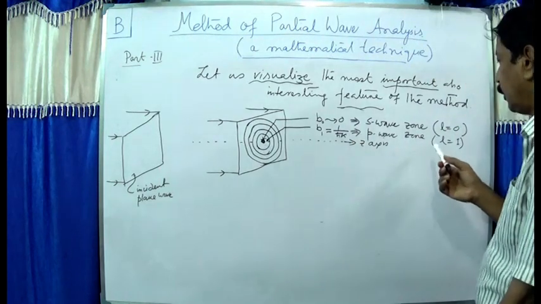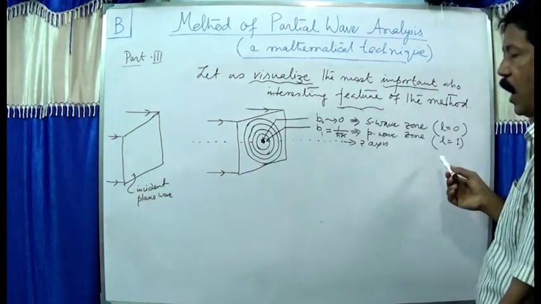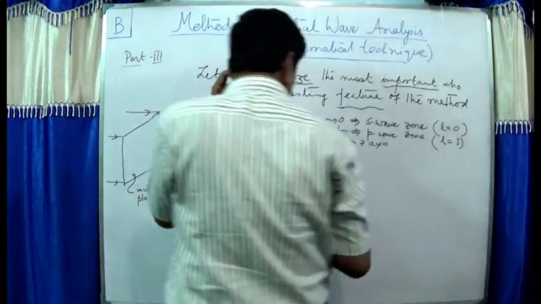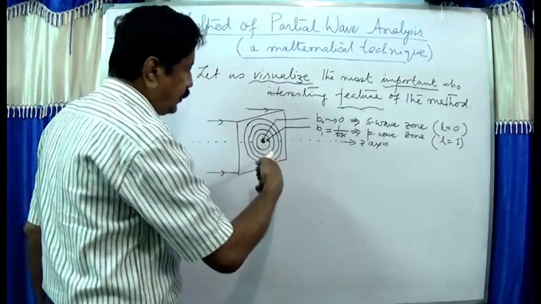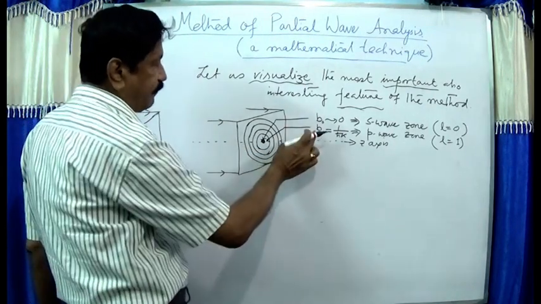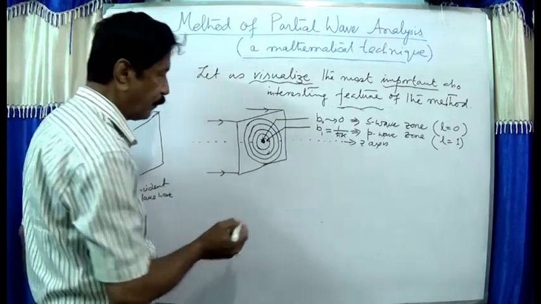If we consider L equal to 1, it is a bigger zone centered around the incident direction with an impact parameter, say, b1.